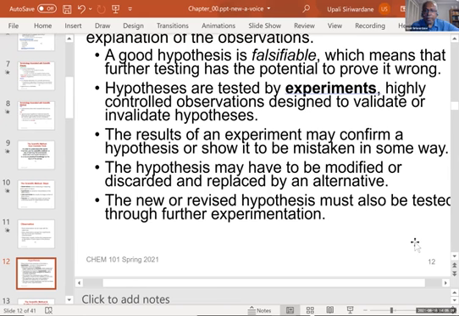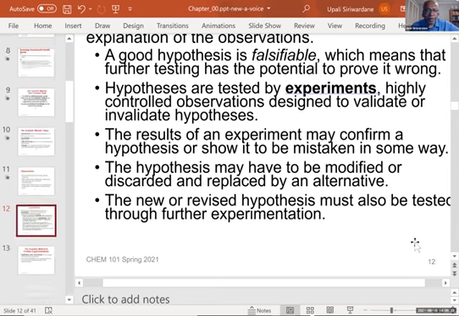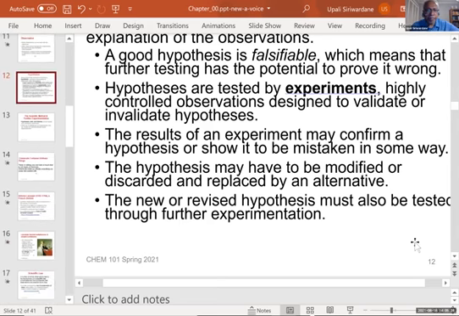The new hypothesis must also be tested through further experiments. Experiments and further experiments. Hypothesis and changing hypotheses lead to theories. Theories also are tested based on facts, so they are later modified or replaced with new theories.